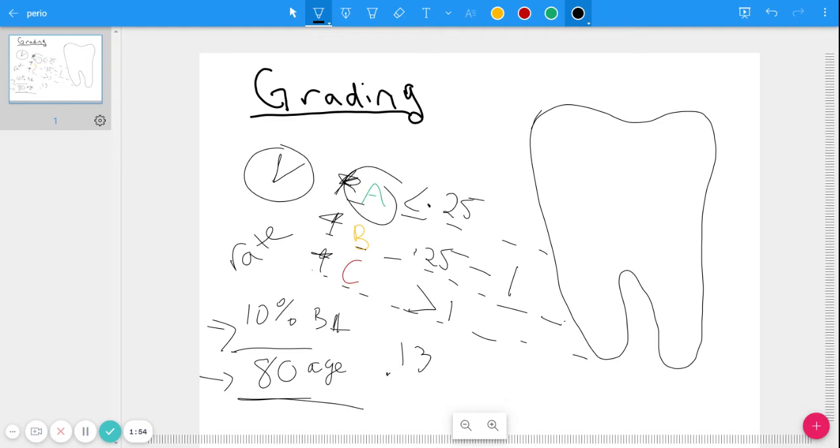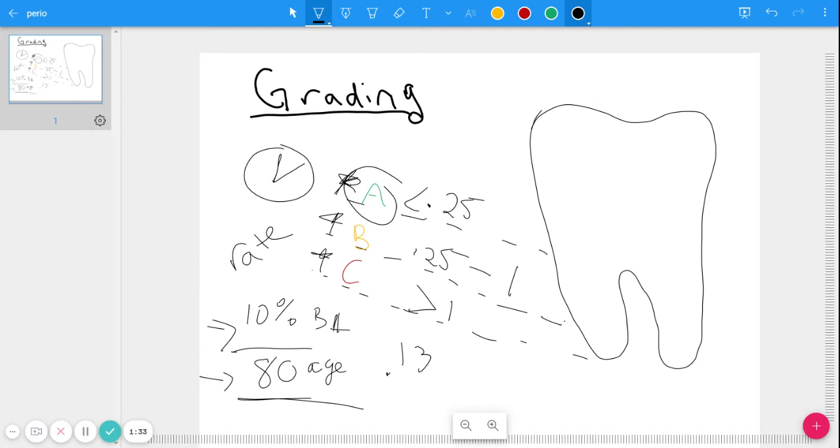So this is just looking at the grading process. Aside from HbA1c or smoking, that's a whole other realm of categorization. If you are looking at smoking, if they're a non-smoker, then it would be a grade A. But you also have to look at all this bone loss.